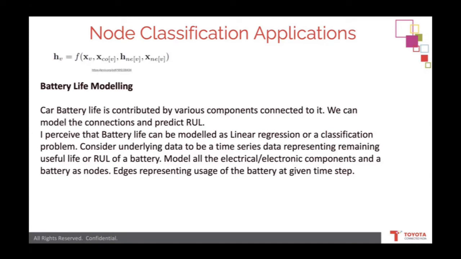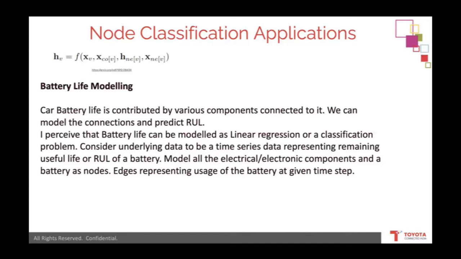As we saw, cash transfer is a relationship, and the feature for cash transfer could be the time, the amount, or the transaction type. That feature vector is represented by XCOV, and HNE are the embeddings already learned for the nodes connected to the given node V, and XNE is the feature vector for the neighbor nodes. So HNE is the embedding of the neighbor node, and XNE is the feature vector of the neighbor nodes. These are the information we need to find the embedding for a given node.